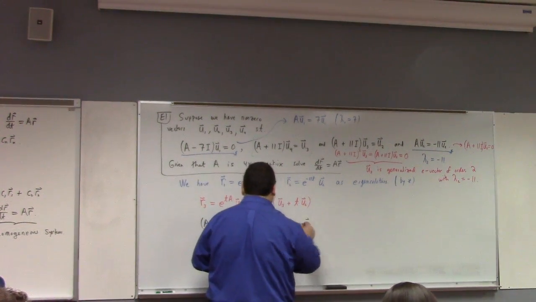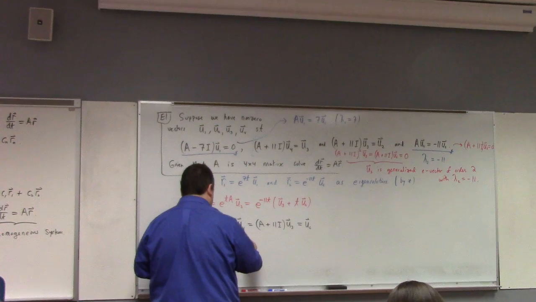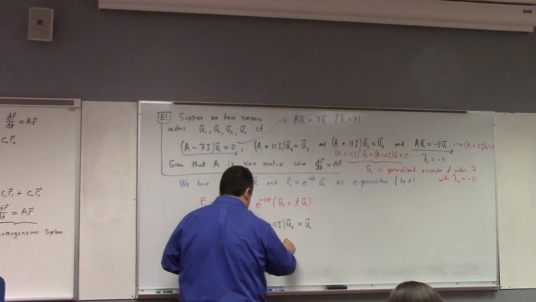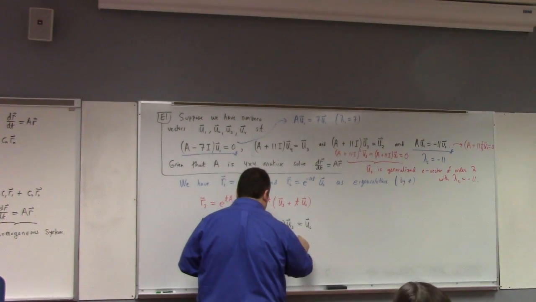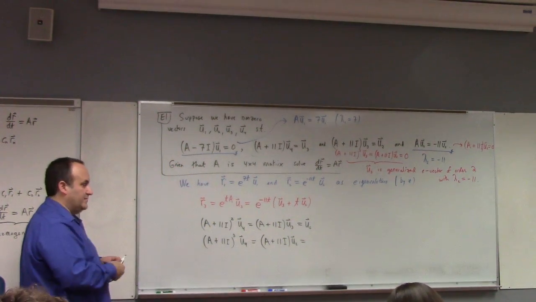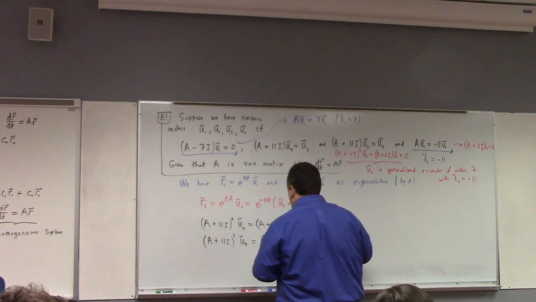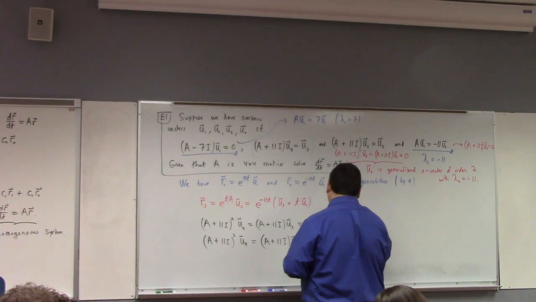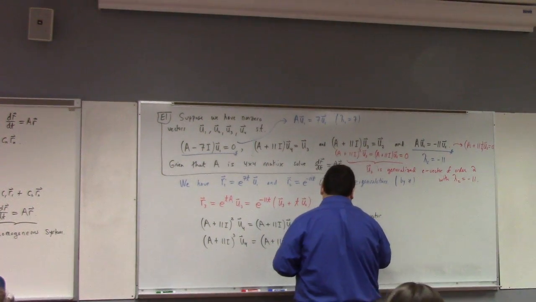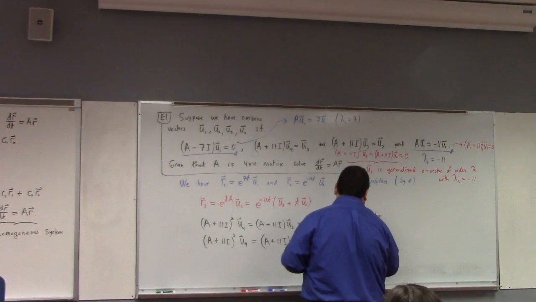And then (A plus 11I) cubed times u4 is equal to (A plus 11I) times u2, which, as we figured out on the far right of the board, is 0. So what does this all mean? This means u4 is a generalized eigenvector of order 3, again with eigenvalue minus 11.